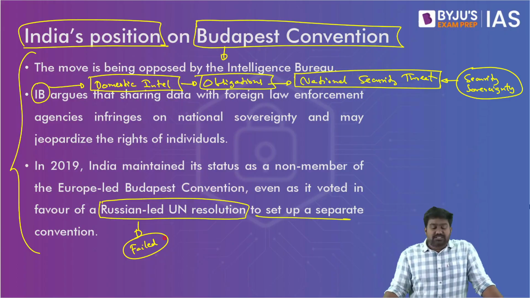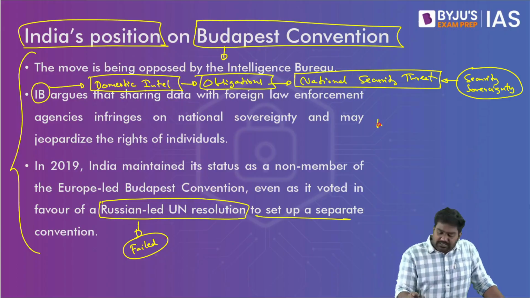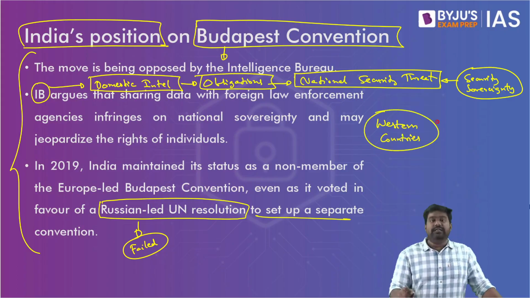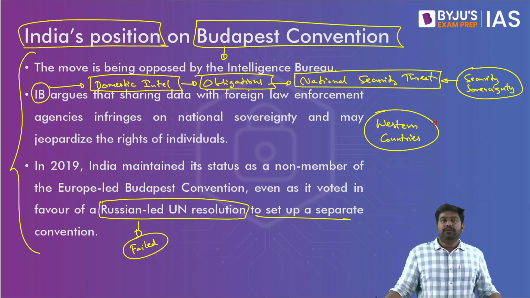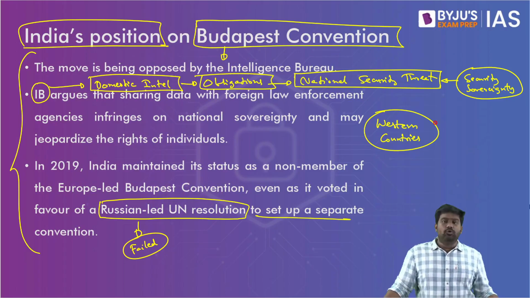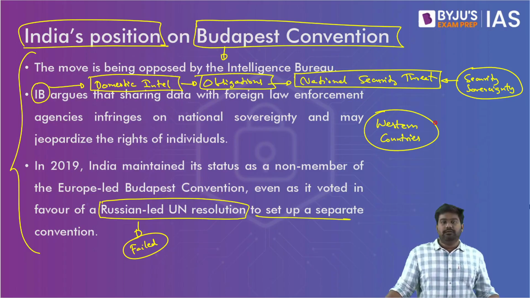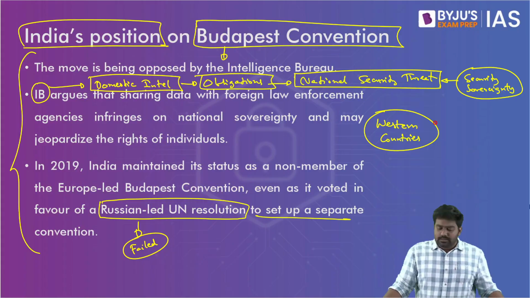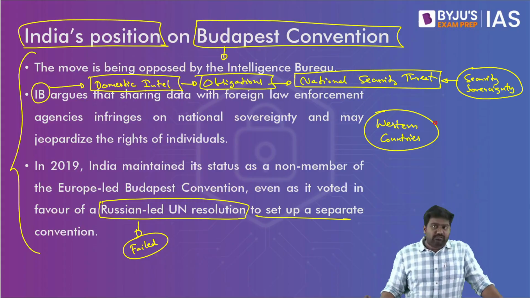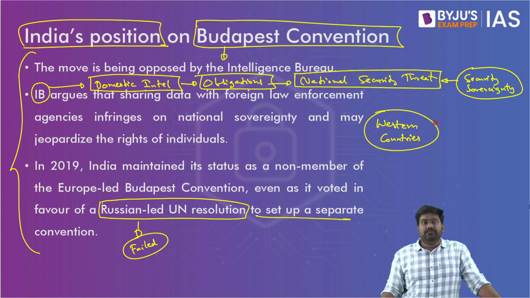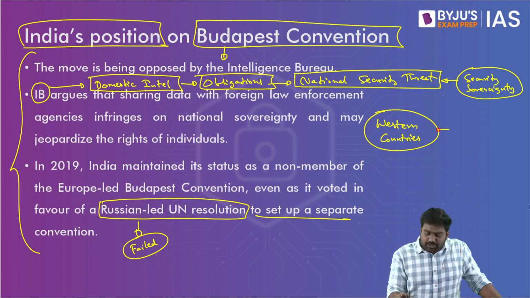Now, see, this is where you should understand that Western countries have a disproportionate control on the internet and the cyberspace. Even though no government or no single company controls the internet, it's a decentralized peer-to-peer network, right? Western governments, through their intelligence agencies, through their companies, have a disproportionate control on the internet.